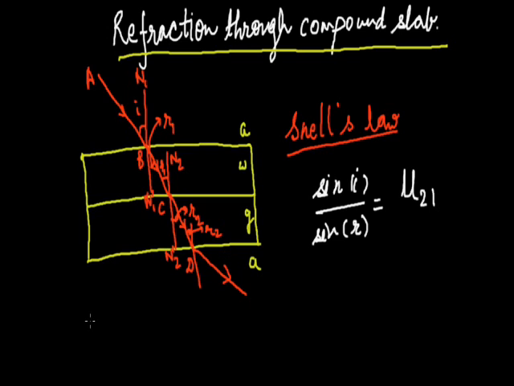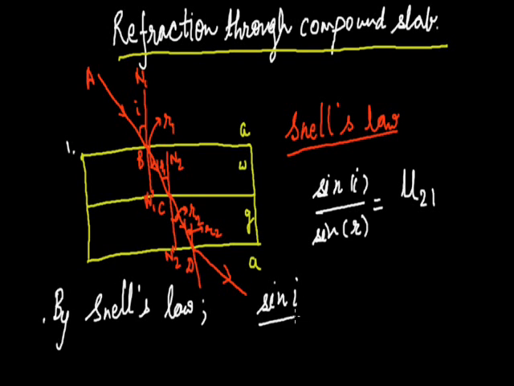So for getting a common relation between the three, let's start with the incident ray AB. When it falls on the interface and refracts, we can apply Snell's law at the first interface, and we can write sine of angle I to the sine of angle R1 equals the refractive index of water with respect to air.